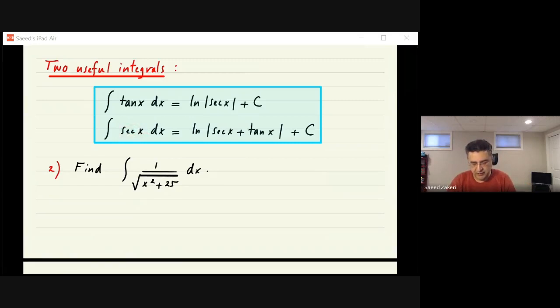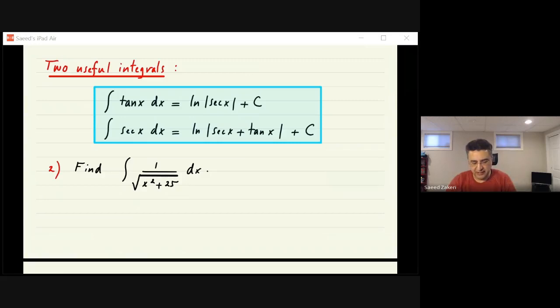These are useful. I can't say, especially for this one, that you should definitely memorize it. But right now that we're in the middle of integration, it's a good idea to remember this as one of the useful integrals. Later on, even a lot of mathematicians don't necessarily remember this formula, because they tend to use their precious memory for more important stuff, and if they need it, they always derive it.